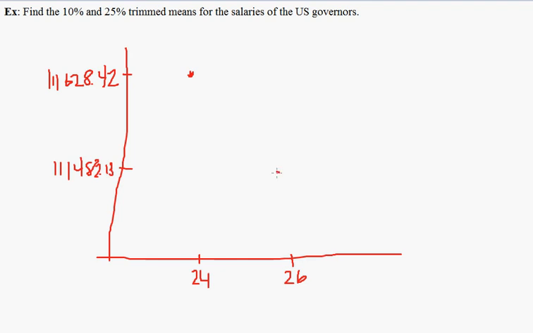Okay, and that makes another point. So I've got the 24% and the 26% trimmed means, and let me mark those with the proper decimals, 0.24 and 0.26. The one that I really care about is dead smack in the middle, at 0.25.